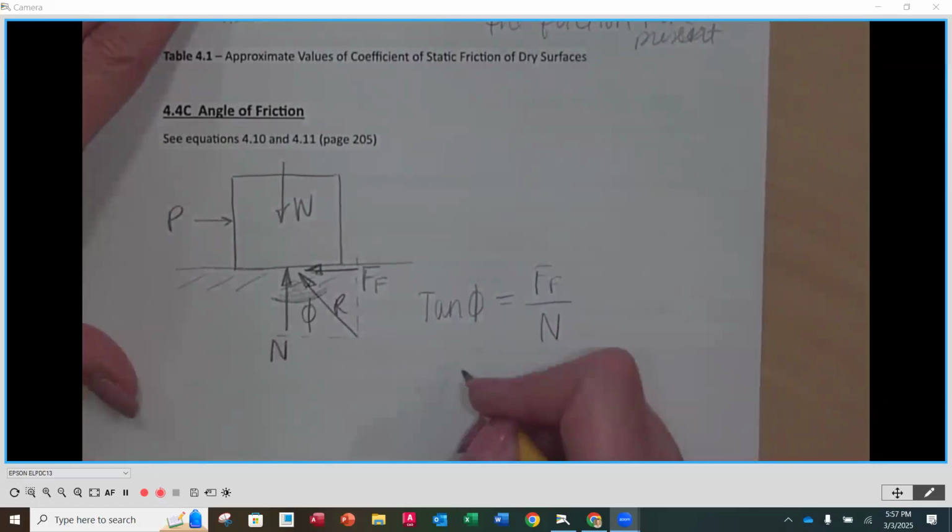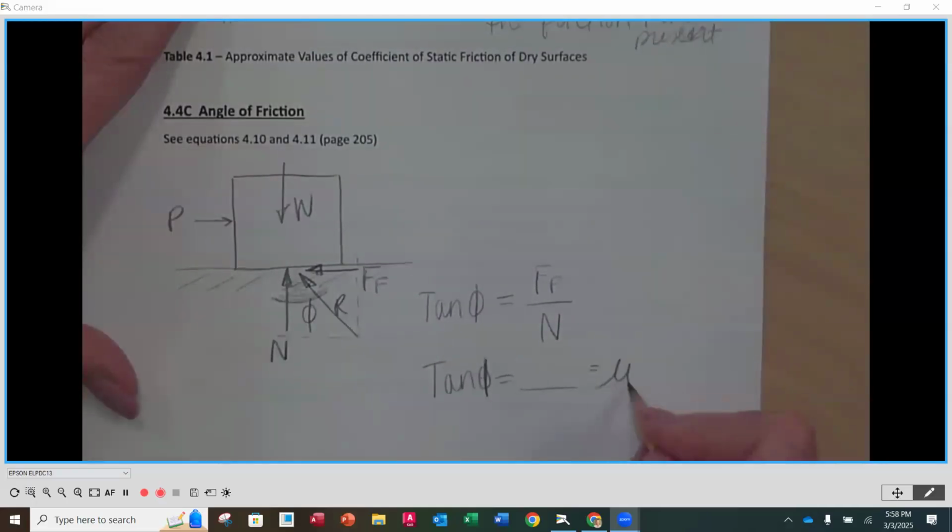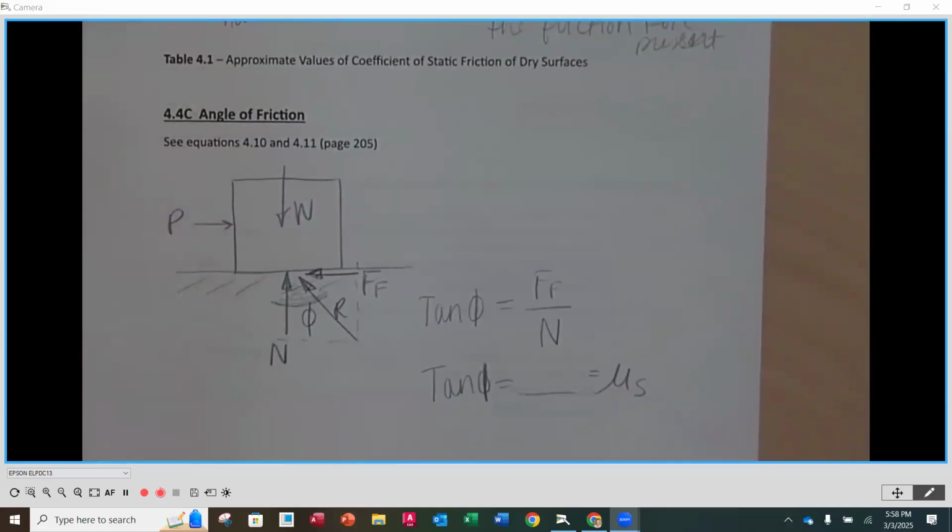So tan phi is going to give us a decimal number, which is equal to the coefficient of static friction. So if we know the friction force and we know the normal force, we can calculate what the coefficient of static friction is. Just as a reference. Like I said, many times it's going to be given to you in problems, but that's where it comes from.